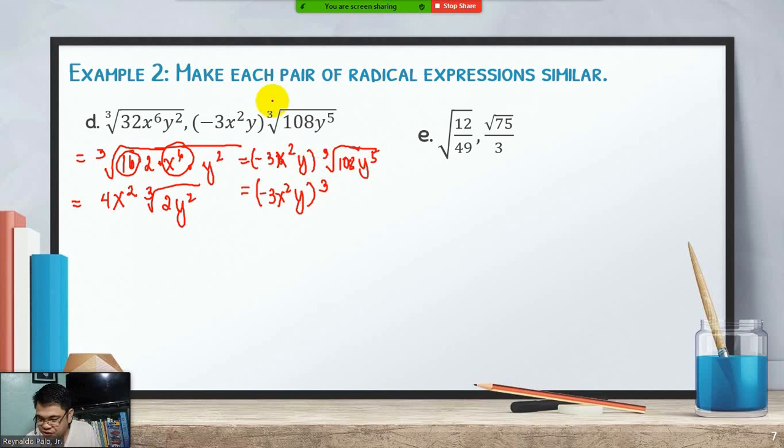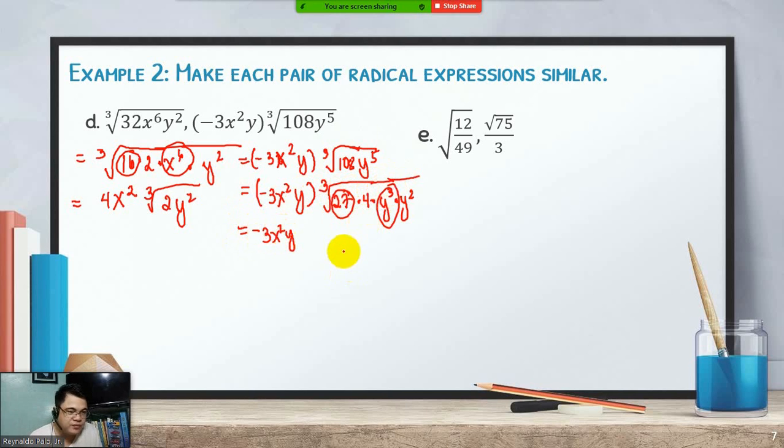So the factors of 108 are 27 and 4. Then y raised to the 5th power, we have to factor it so that the exponent will be divisible by 3. So it's now y raised to the 3rd power times y squared. Then the next thing is, let's simplify. Negative 3x squared y, then cube root of 27 and cube root of y cubed.